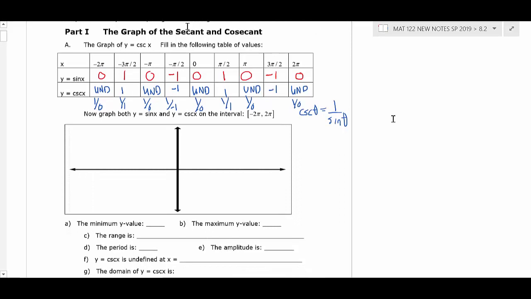Let's go ahead and get our graph set up. We want to increment the x-axis by pi over 2, and we're going to take this through 2 periods.